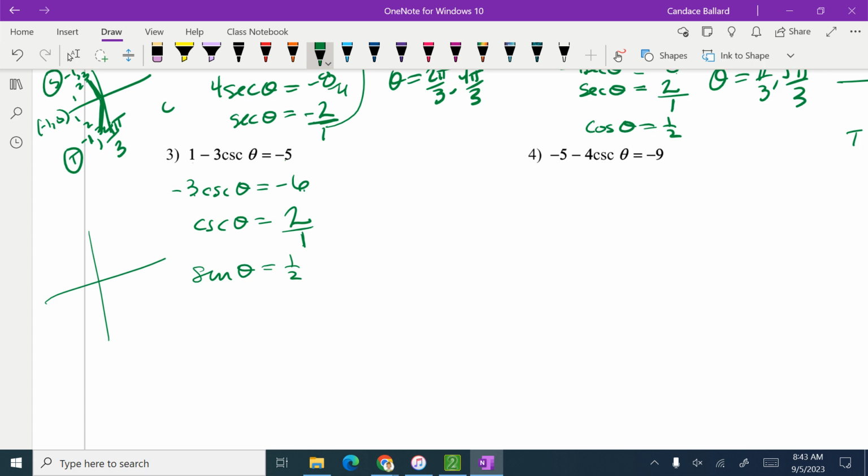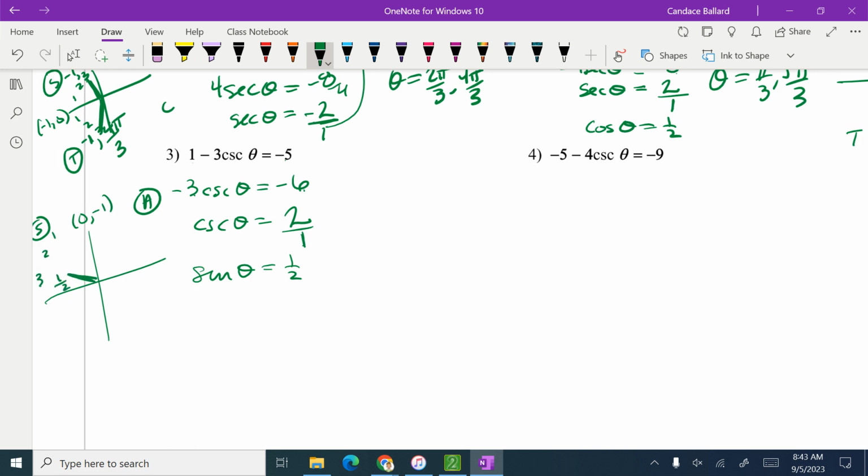Is sine the x value or the y value? Y value. Good. Actually, I don't want that point there. Where is sine positive? Which quadrants? 1 and 2. Okay. I'm going to use this one. Out 0, down 1. So it's 1, 2, 3, 1. It's this one right here.